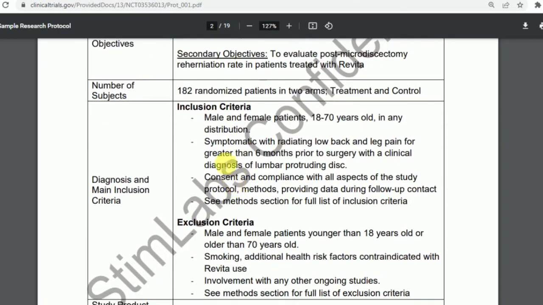Another important criteria is inclusion criteria and exclusion criteria. This is also asked during the interview: what do you know about the protocol, or if you have any knowledge of protocol, what are the important parameters of a study protocol or of a clinical trial that are observed. So inclusion criteria and exclusion criteria are among the most important parameters in a clinical trial.